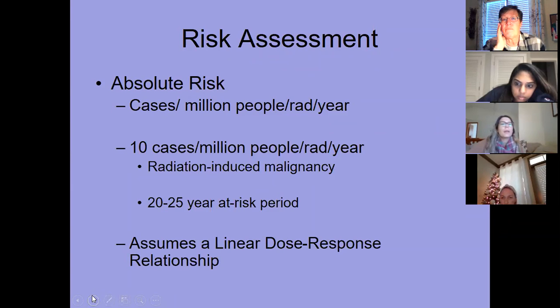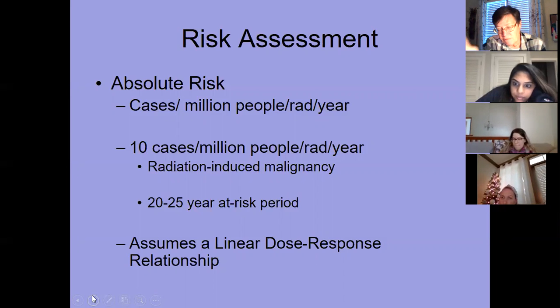We can also talk about risk in terms of absolute risk, which is how many cases per million people per rad exposure per year could we expect? And this is very complicated and it's very difficult to explain. But in general, if we look at all the different sources of radiation exposure, we can expect 10 cases per million people per rad exposure per year.